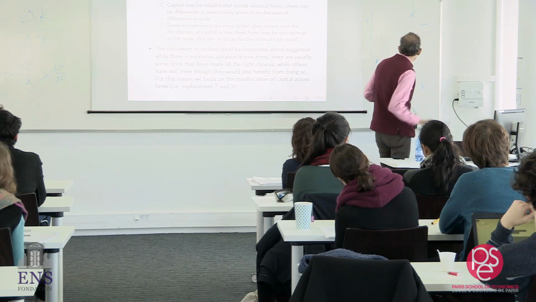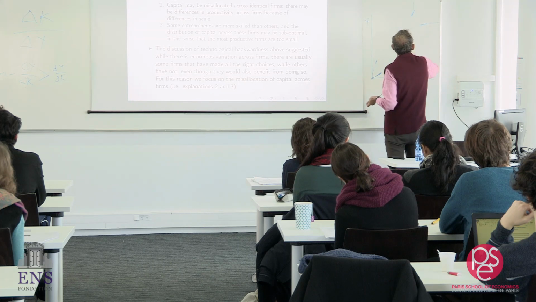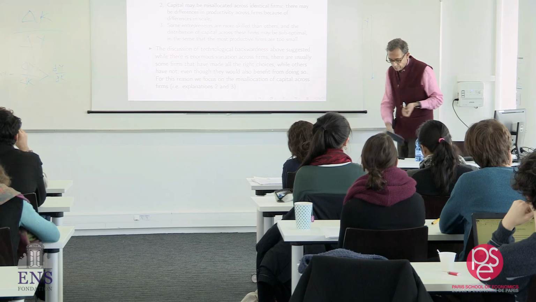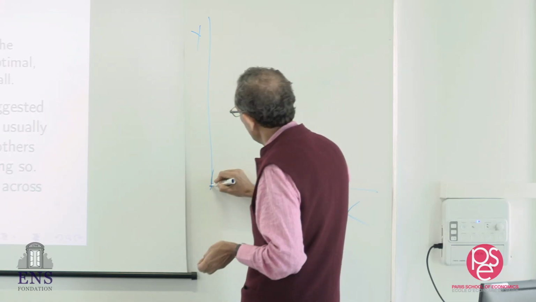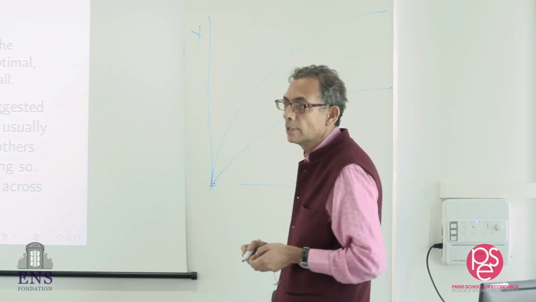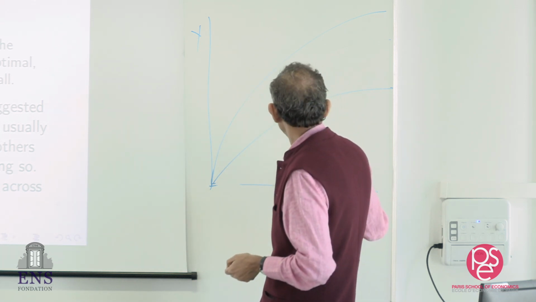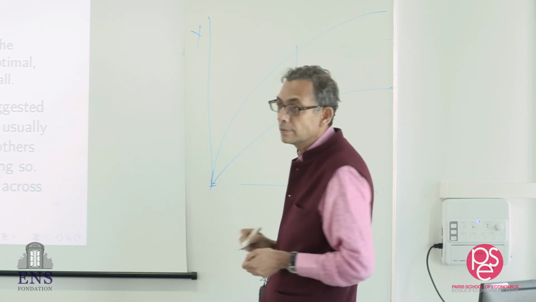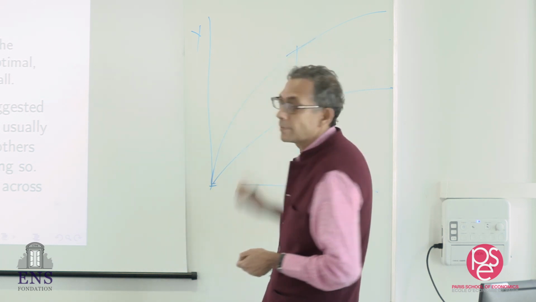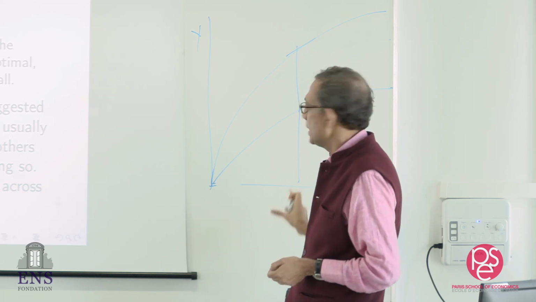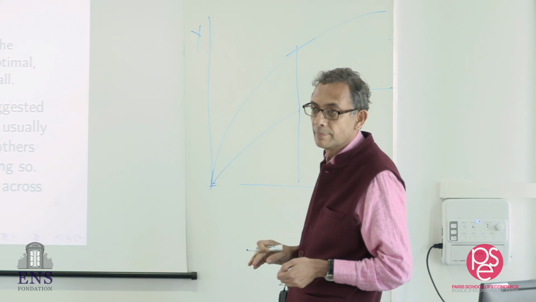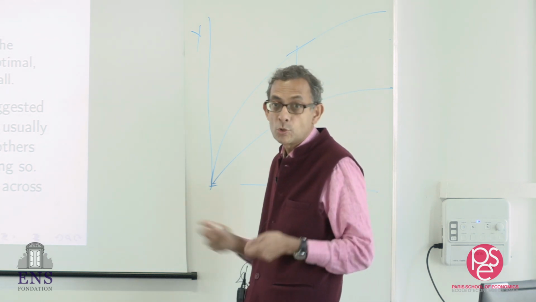A second source of inefficiency is this: here's one production function, here's another production function, and let's say these two firms have the same amount of capital. This one has a much higher marginal product. I should just take the capital from this firm and give it to this firm. The better firm should have more capital.